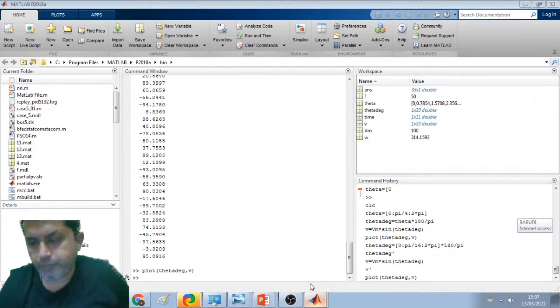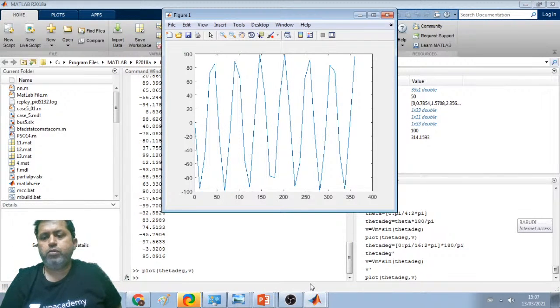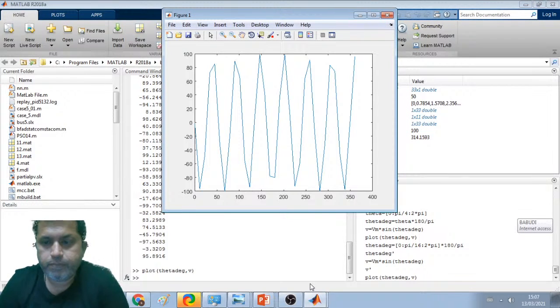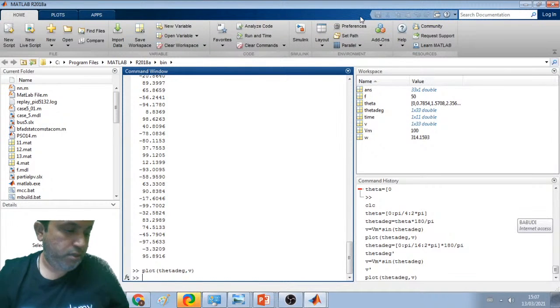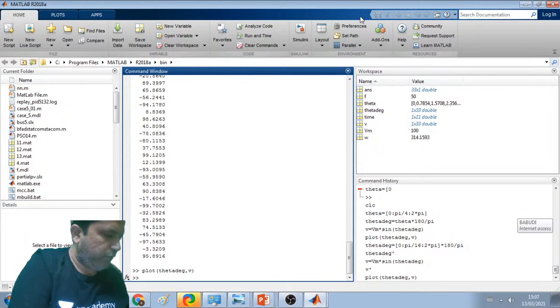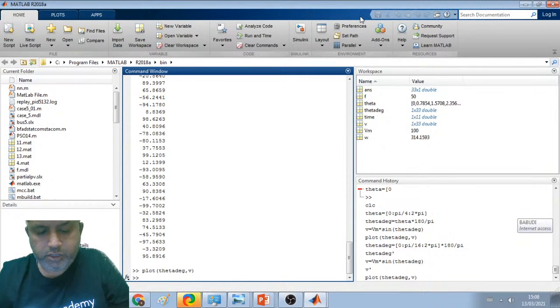Let us see again in this figure. So more of a sine wave you are getting. Okay, so in this way you can find out the sine wave. So this is illustration of sine function, that is hands-on on sine function.